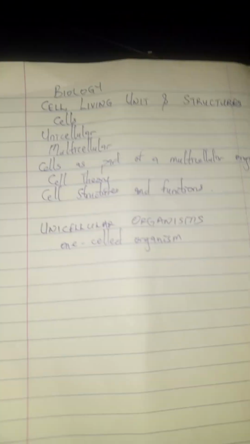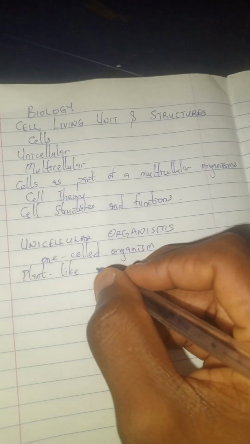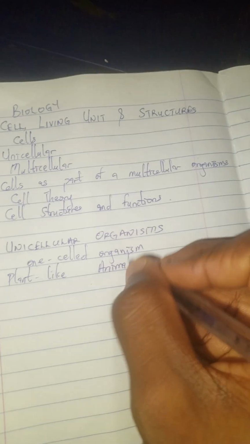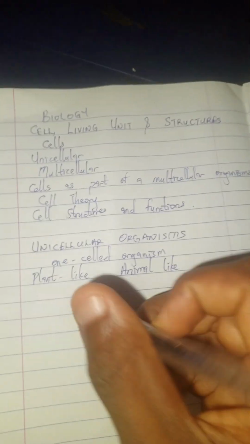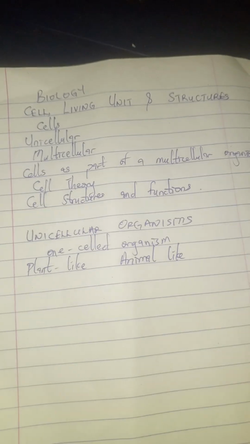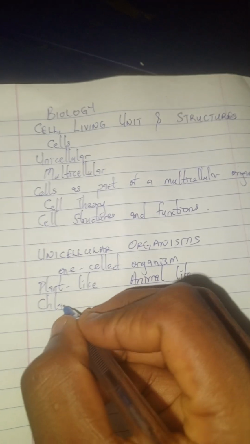In these unicellular organisms, we have plant-like unicellular organisms, and they also have animal-like unicellular organisms. Now, the only plant-like unicellular organism we have is the Chlamydomonas.